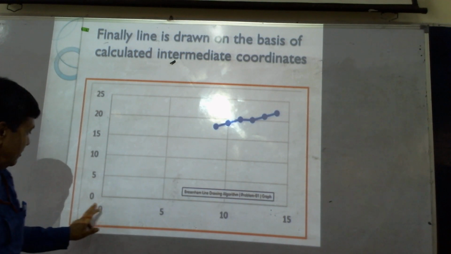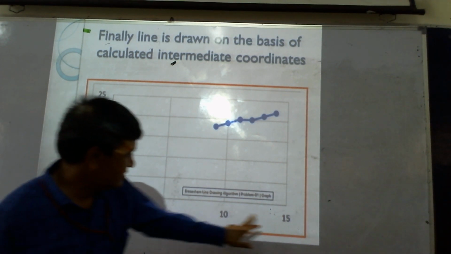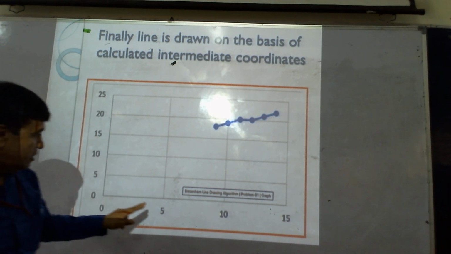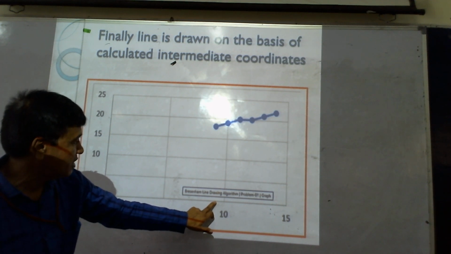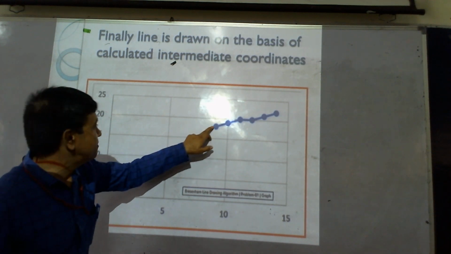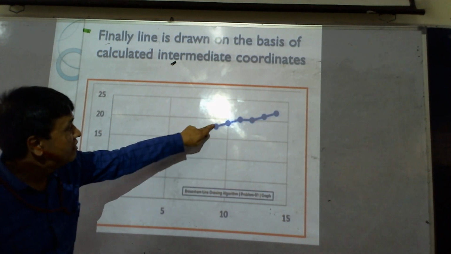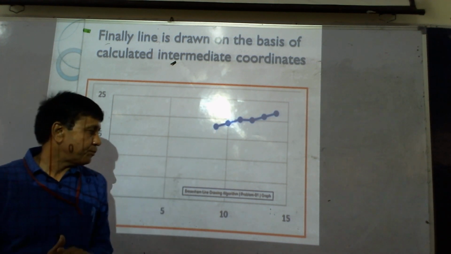See, the first coordinate is 9, 18. This is representing the x-axis and this is the y-axis. Now 9 on the x-axis is represented approximately here, and 18 is represented approximately here. So this is the first point, the starting point of the line.